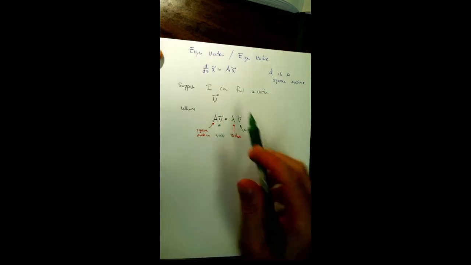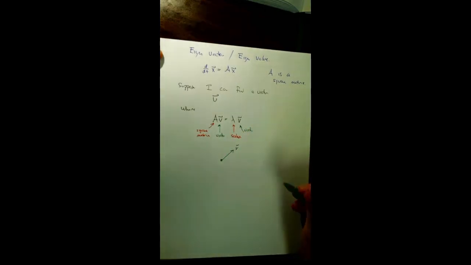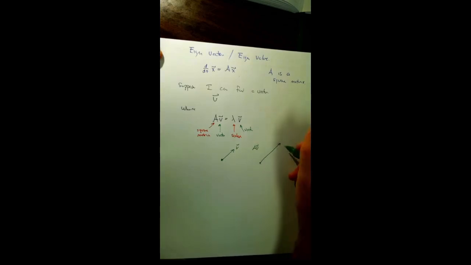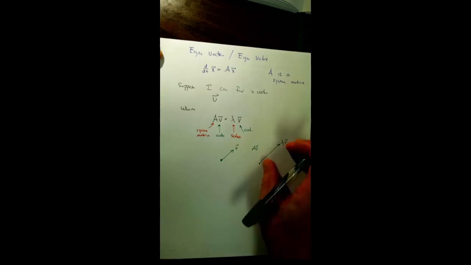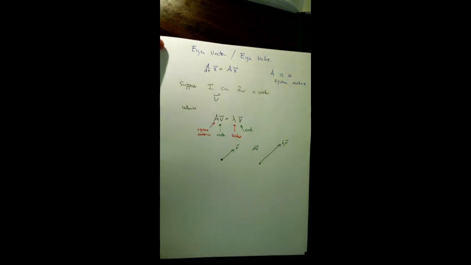And the idea is if I take a vector v, and when I take A times v, I get another vector, it's basically going to be in the same direction, but it's either going to be longer, stretched out, or squeezed in. So if the absolute value of lambda is bigger than 1, it's just going to stretch it out. If lambda is between 0 and 1, it's going to squeeze it in. And if lambda is negative, it's going to flip it in the opposite direction.